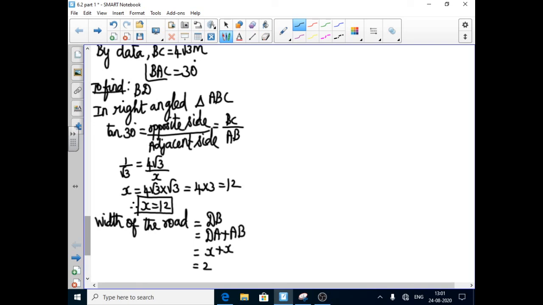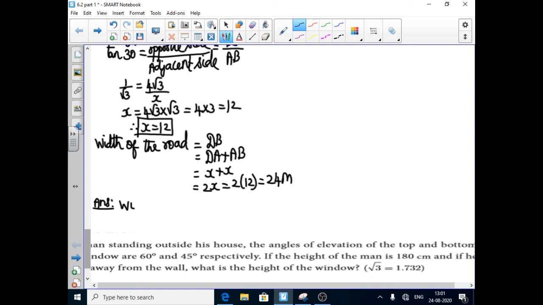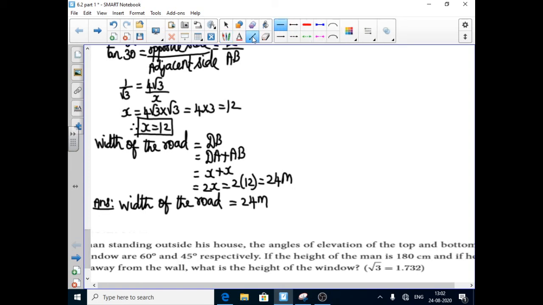So this can be written as 2x, that is 2 into 12, which is equal to 24 meters. So the answer: the width of the road is equal to 24 meters. So this is the second one.